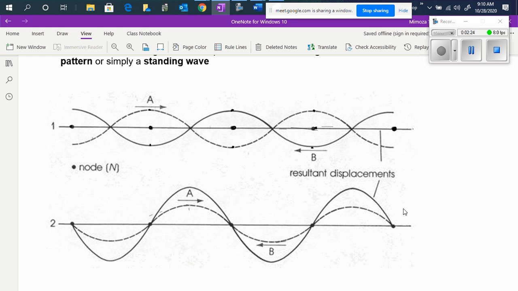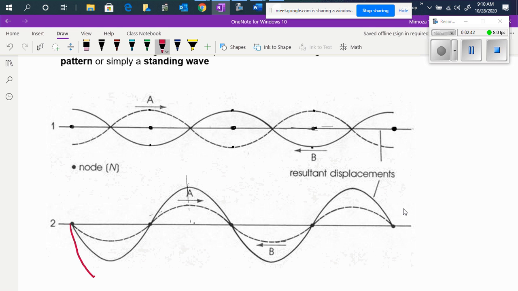When they meet together, the resultant will be adding those two together. So what you see as the resulting wave here is a line where we are adding both amplitudes together.